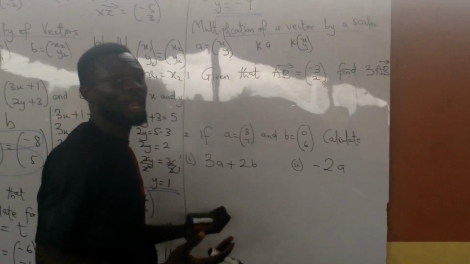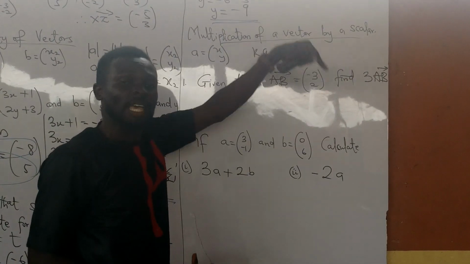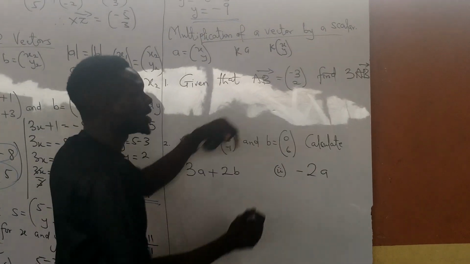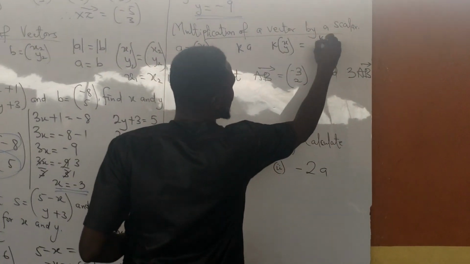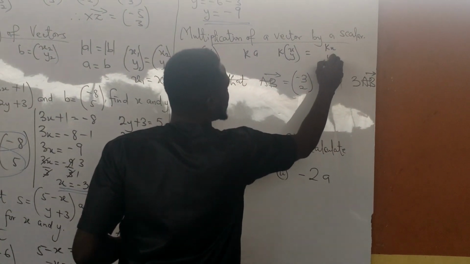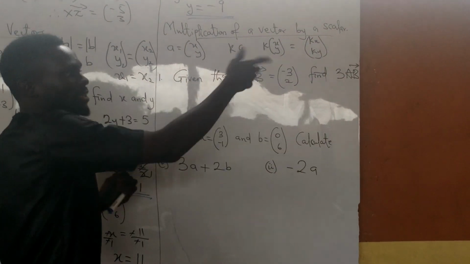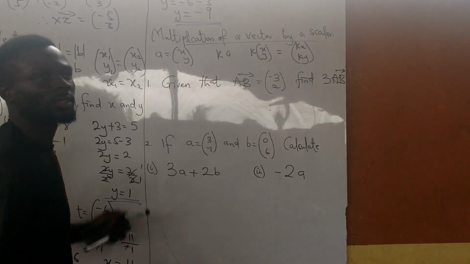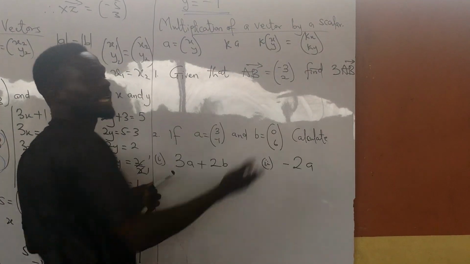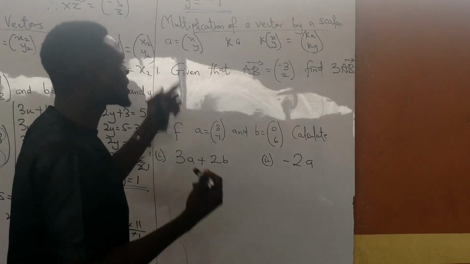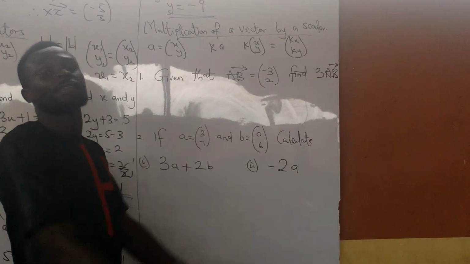Since we have to multiply, the scalar will multiply each of the elements in the vector. So this will multiply this, giving you kx, then this will give you ky, or xk and yk. So with the scalar, it multiplies each of the elements in the vector.